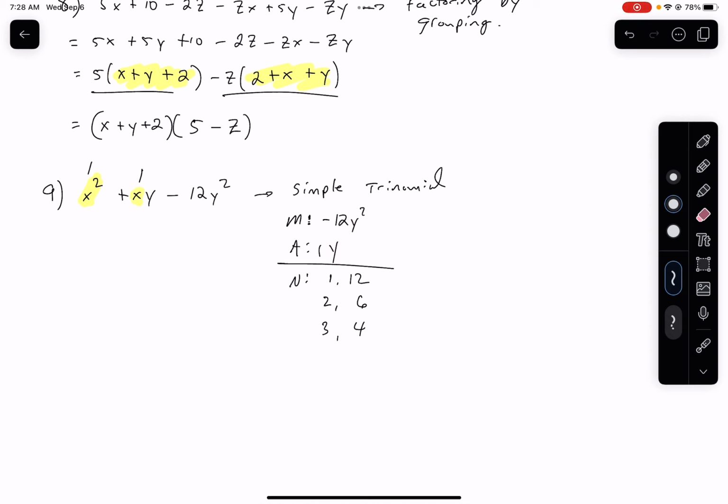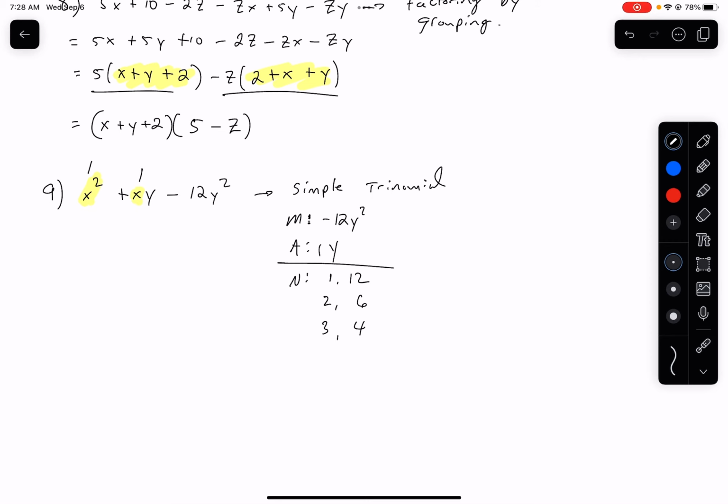So I would start with the numerical portion of questions that look like this, and then tack on that extra little piece, right? So what I see here is 3 times 4 doesn't multiply to negative 12 or add to 1, but I could make one of them negative and satisfy the conditions. Right?